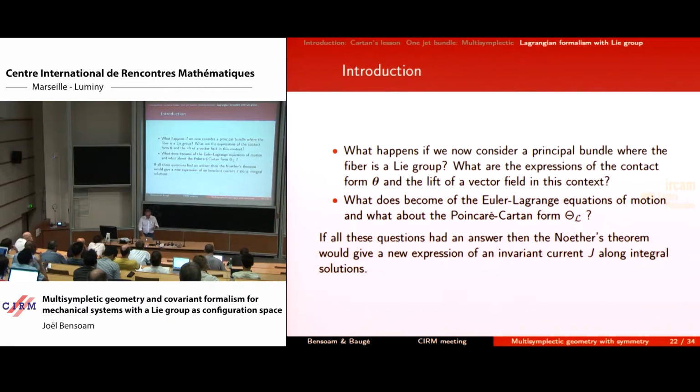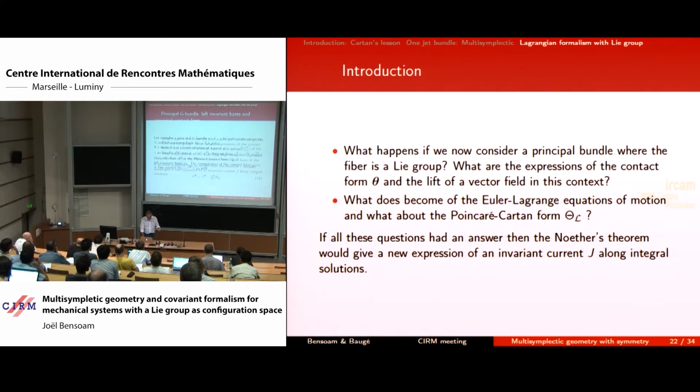And now, what happens if this configuration space is a symmetric group also, if it's a Lie group? So what happens to the Lagrange equations, and second, what will happen to the conserved momentum map associated to the symmetry given by the symmetric field given by the Lie group?